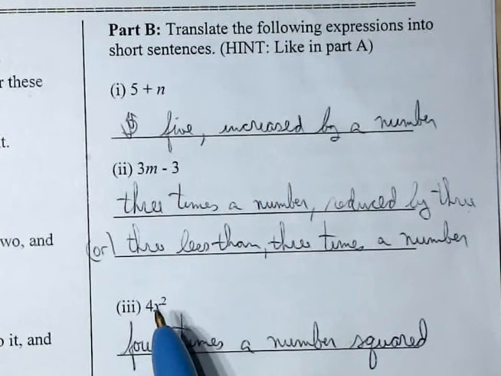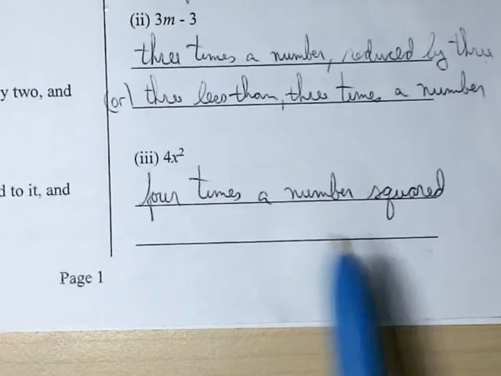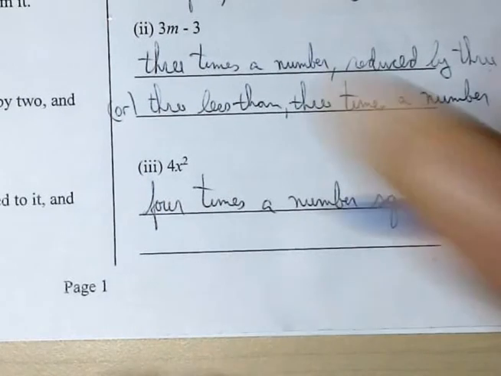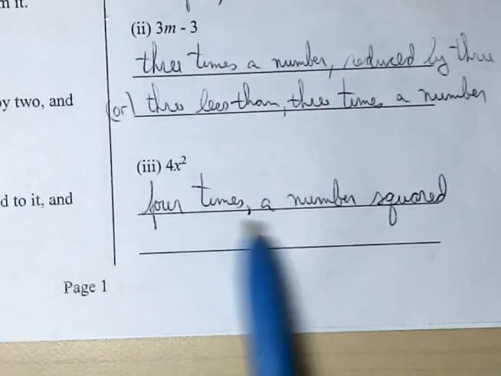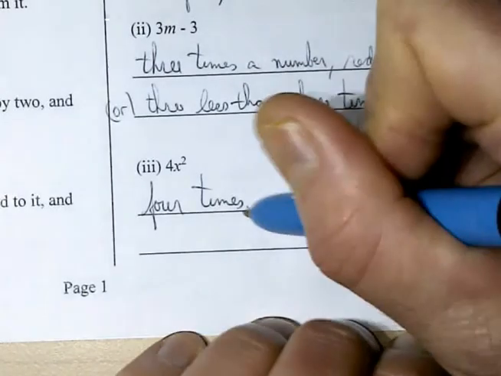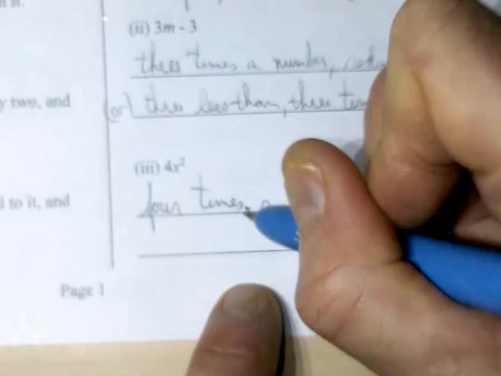Excellent. Anybody else? Okay. Part 3. We've got 4x squared. I said 4 times a number squared. If you wanted to put a carefully placed comma there, it's not 4 times a number, it's 4 times a number squared.